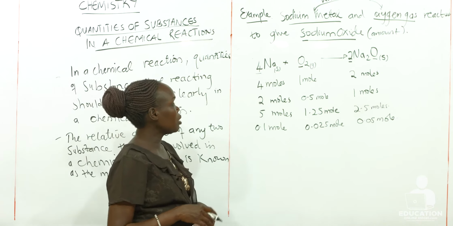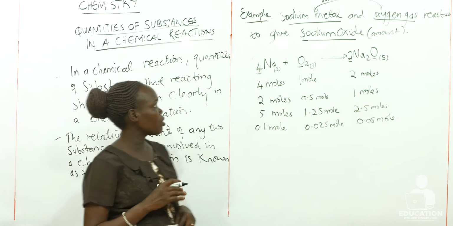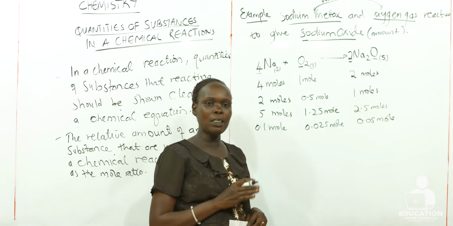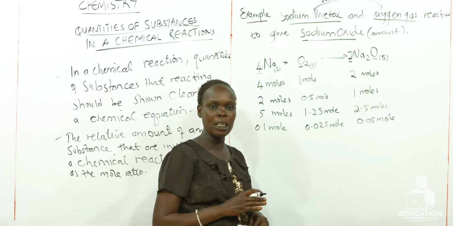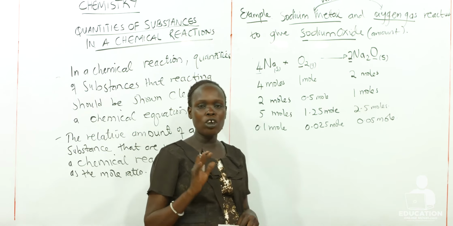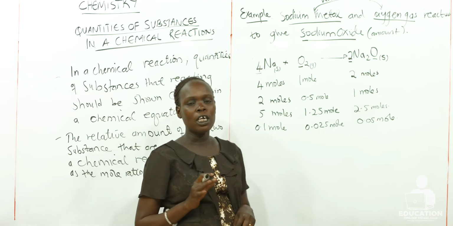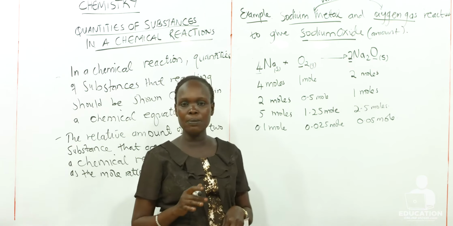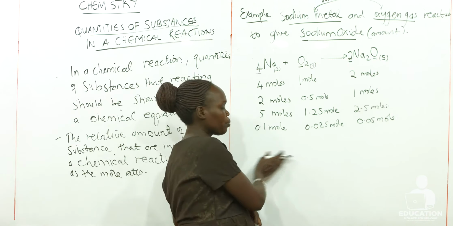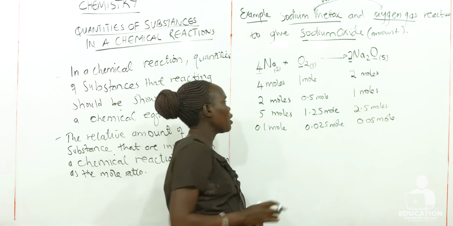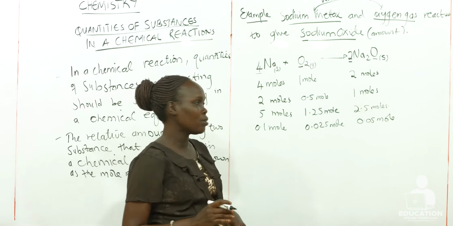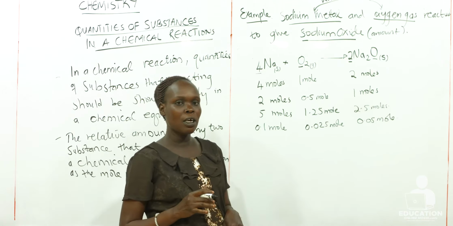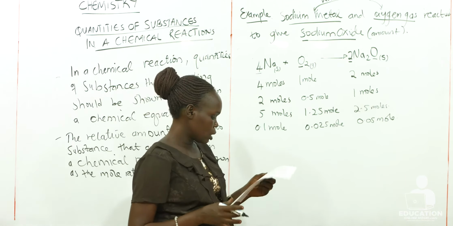That is why we are representing the quantities of the substances with various amounts. When you change the amount of the first substance reacting, we shall have different amounts of the other substances. As you have seen in this reaction, we have 4 different amounts of moles, and each of them gives us a different amount of moles that are reacting.